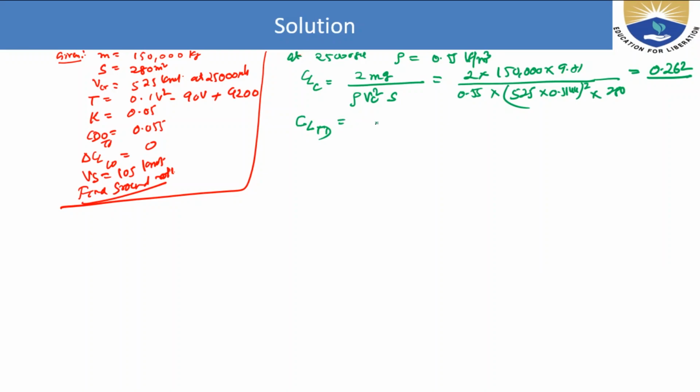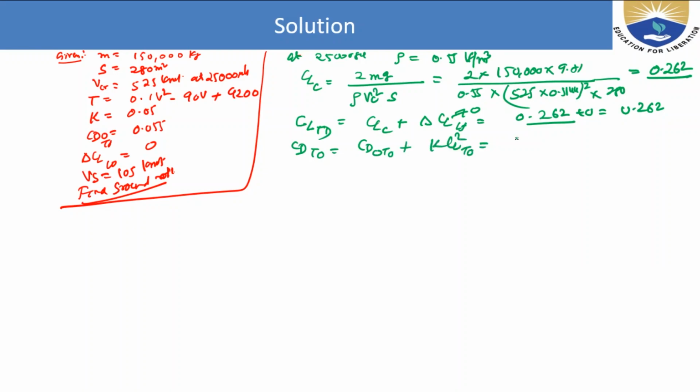Now we can find out the CL takeoff. CL takeoff is equal to CLC plus delta CL flap. This is 0, so this will be the same, 0.262 plus 0, 0.262. Now CD takeoff is equal to CD naught of takeoff plus K CL square of takeoff.